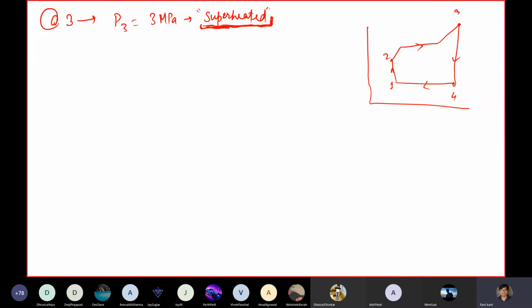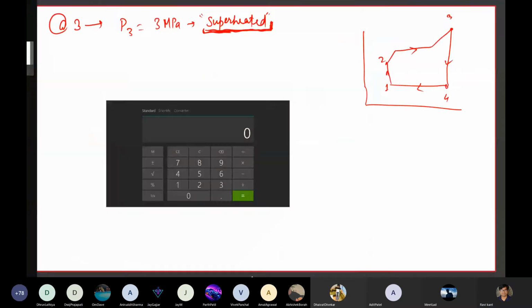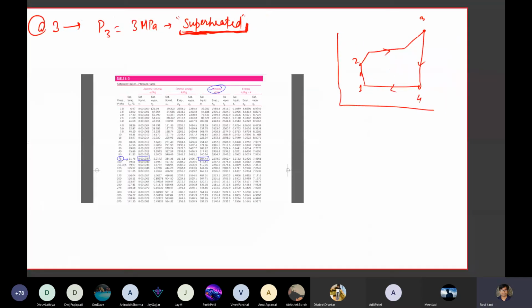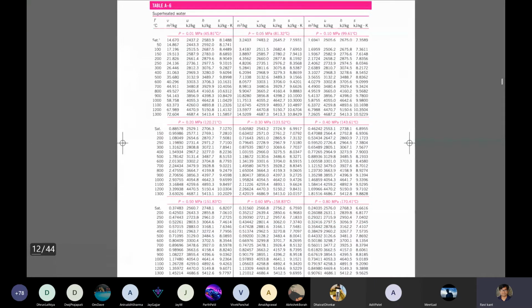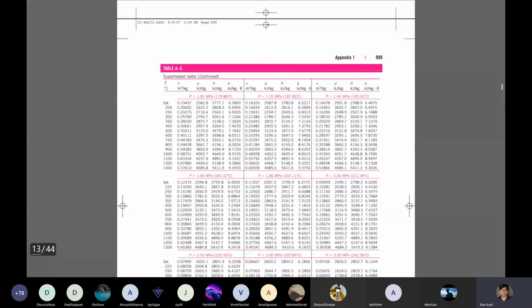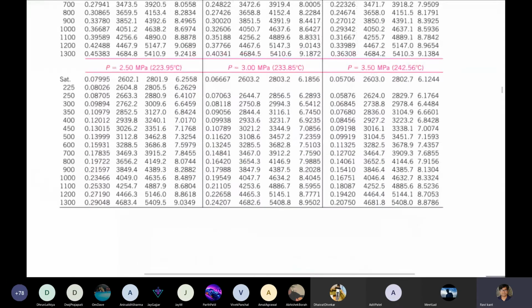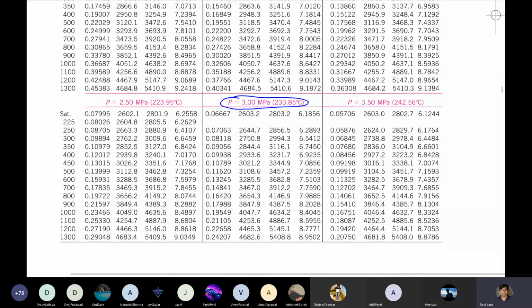Okay, so now let's go to the superheated state. Let's go to the table. This is superheated, and I have 3 MPa, so this is the 3 MPa table. At 3 MPa, we need to see at what temperature, because temperature is also given. This is 350 degrees Celsius.